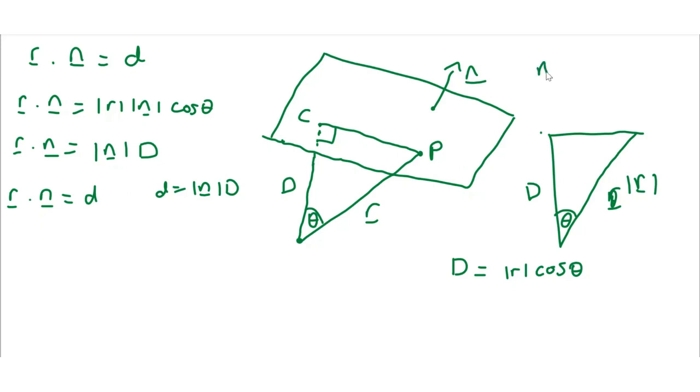Note that if we take n hat, which is the unit normal, so the modulus of n hat is equal to 1, then our little d is going to be equal to this big D here. Say n has modulus 2, all that happens is this line extends up twice as high. The plane's still in the same place, but the constant doesn't stay the same if we take it as a distance.